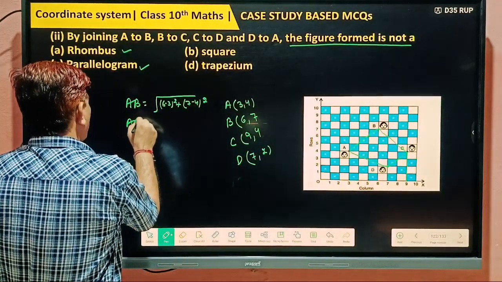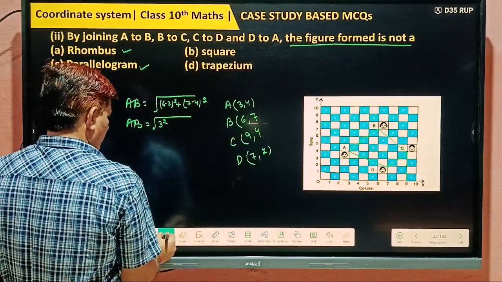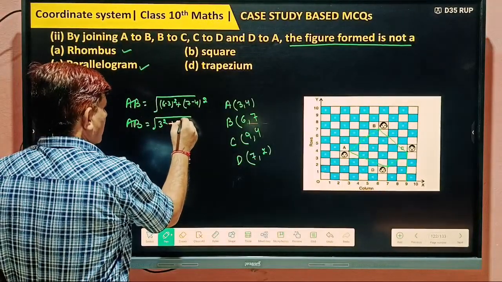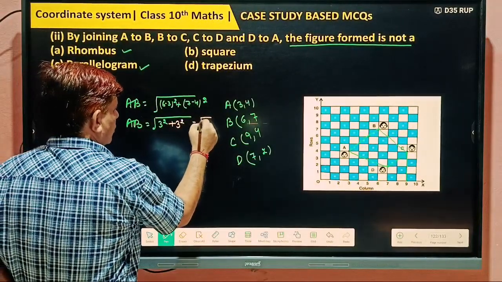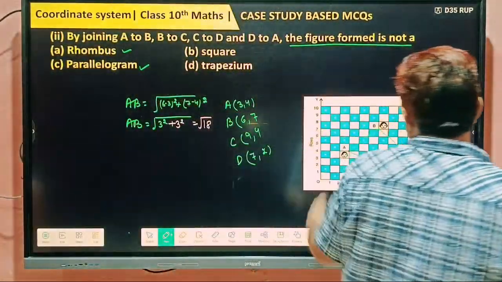So AB equal to what? 3 square plus 3 square. So this is equal to under root 18. This AB is equal to under root 18.